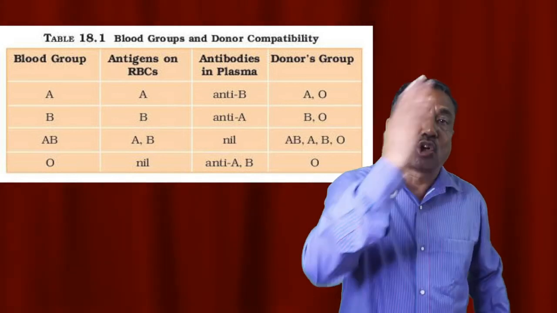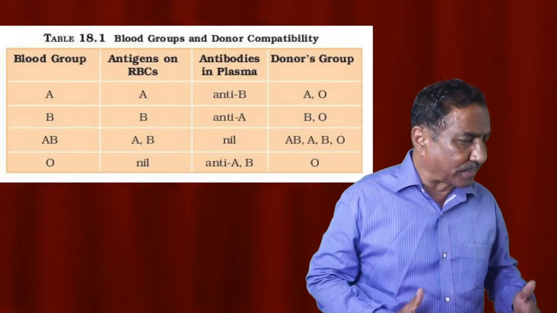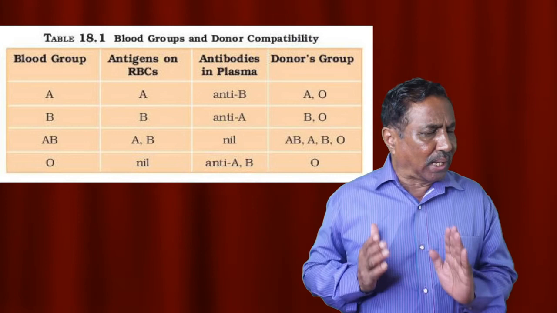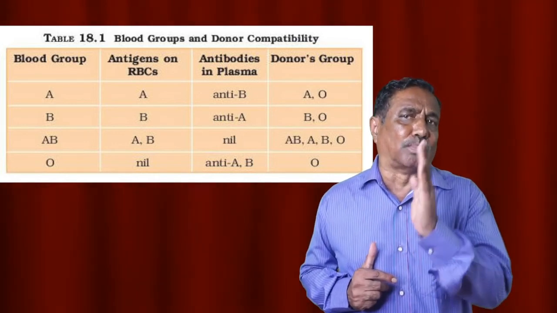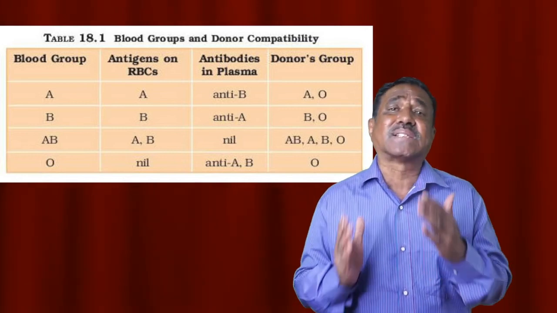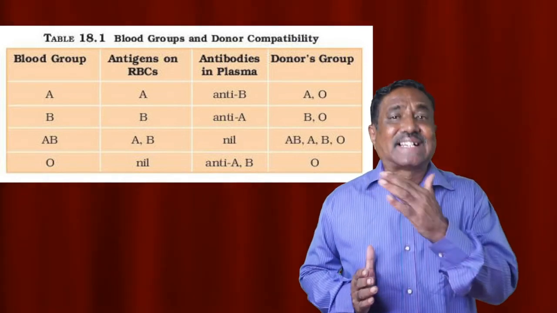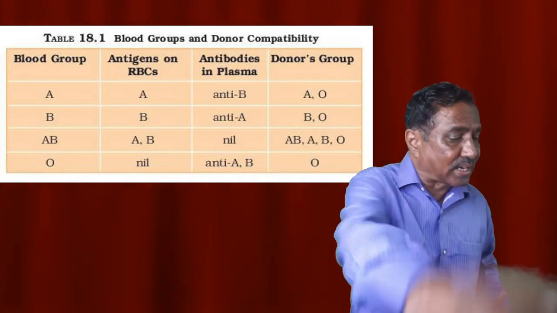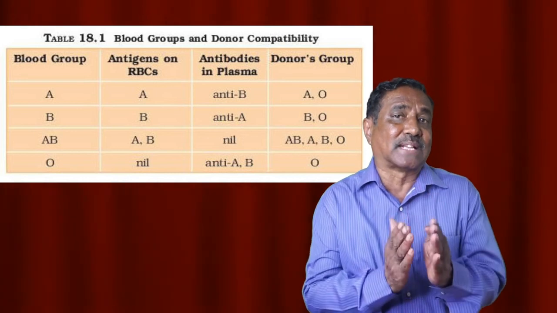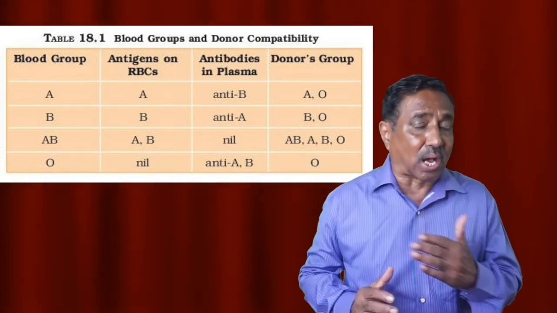So blood groups: in 1900 Carl Landsteiner discovered the blood groups, the ABO: A group, B group, AB group and O group. This is based on the presence or absence of two surface antigens, chemicals which can induce immune response, in the RBC.